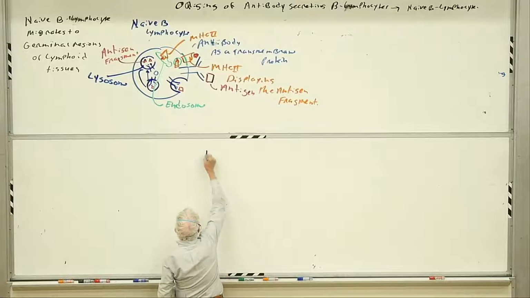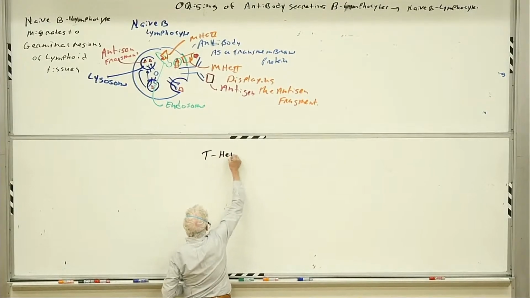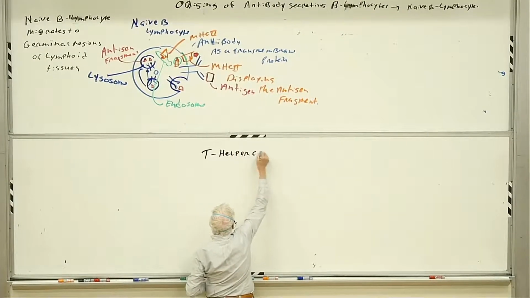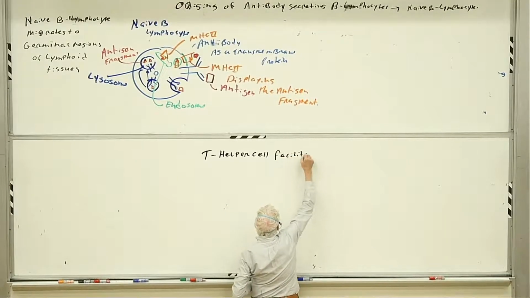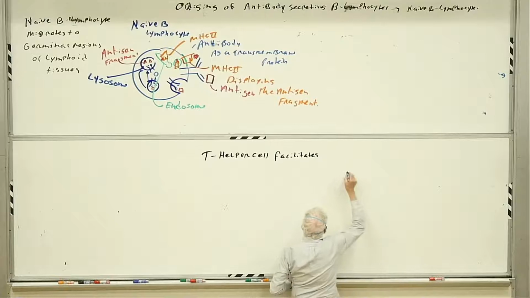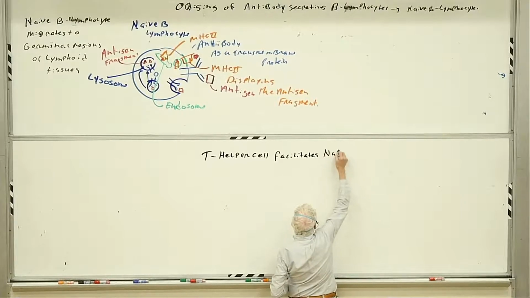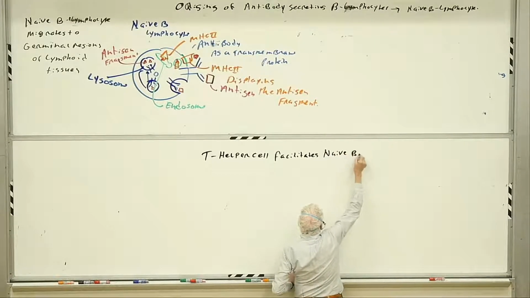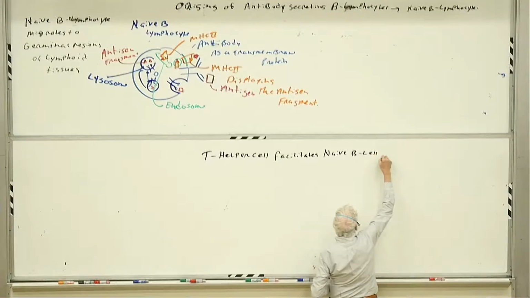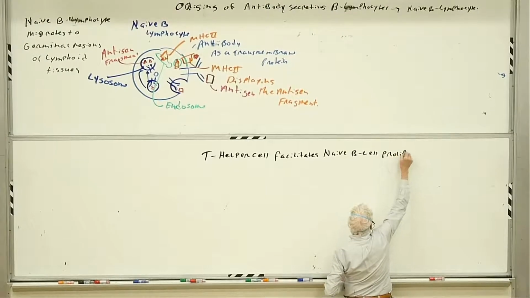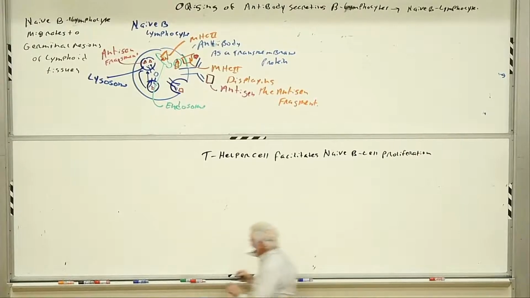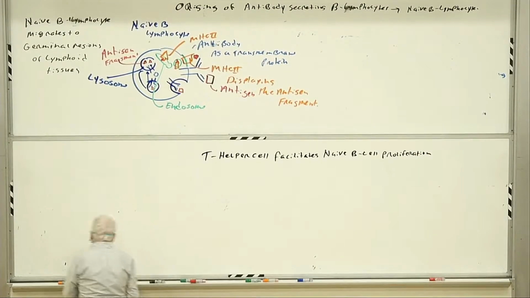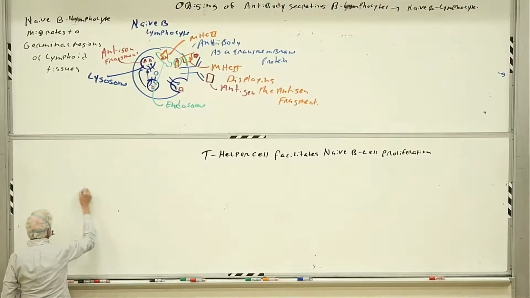We can say here the T helper cell facilitates naive B cell proliferation. So we've generated that cell above. We have this naive B lymphocyte.